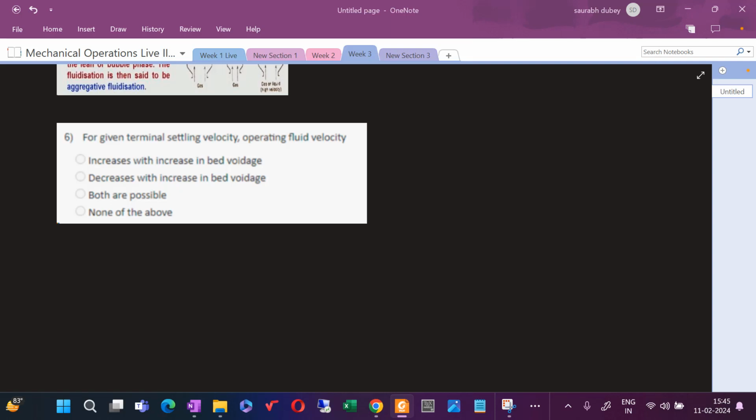As far as I remember, if you remember the formula relating the voidage, terminal velocity, and the operating velocity, there you came to know that the value of n is the thing that was deciding what is actually happening to the system.